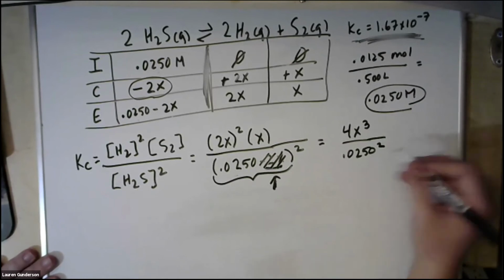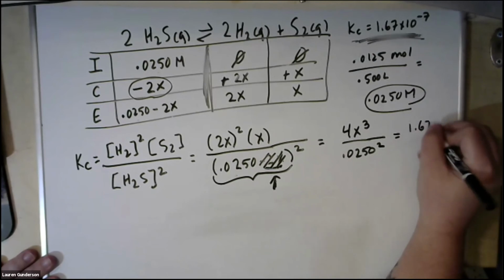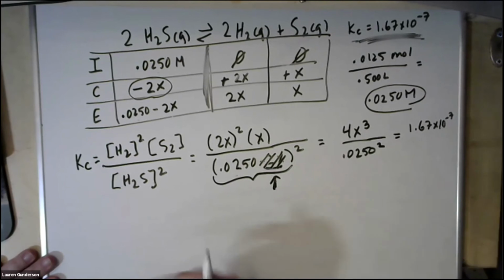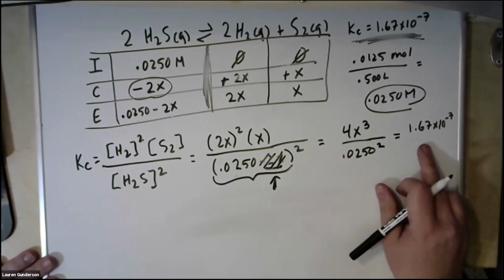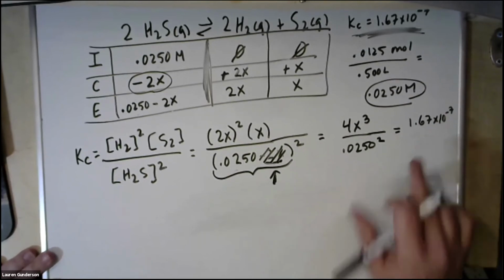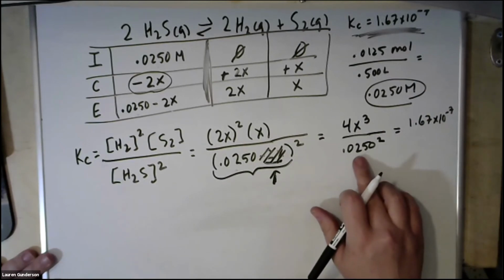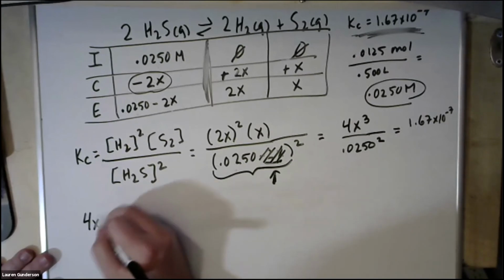All right, and this is going to be equal to our Kc value of 1.67 times 10 to the negative 7. I mean, this looks so much better to solve than a quadratic equation. So I am going to multiply both sides by 0.0250 squared and rewrite it.